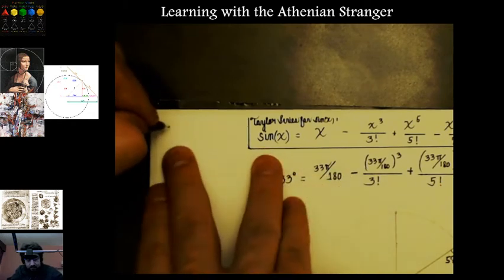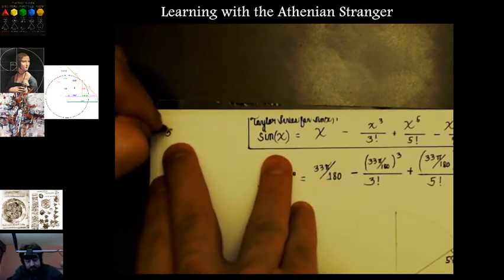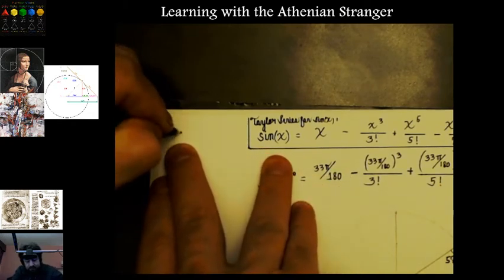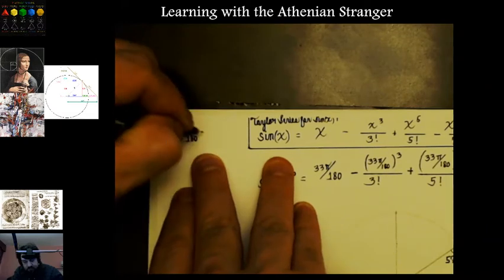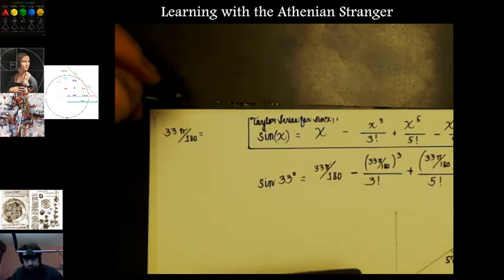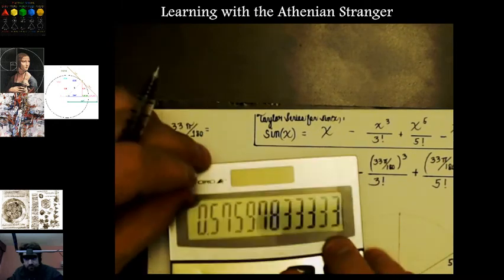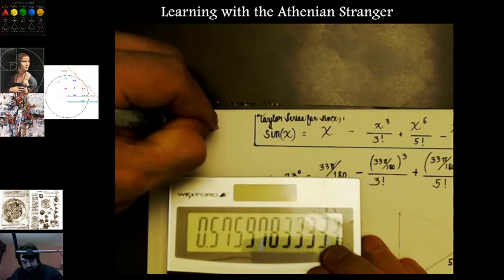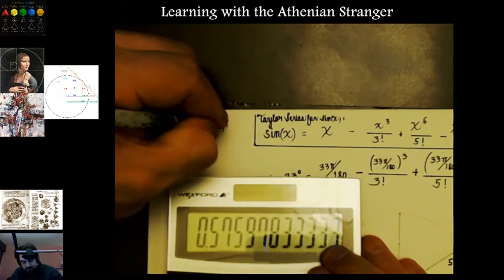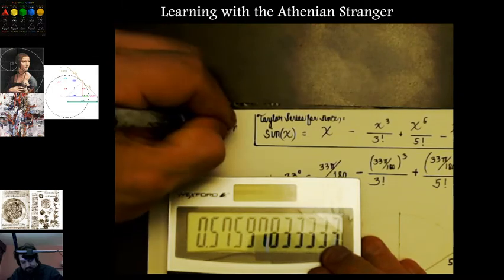I'll write this so I don't forget. 33 pi over 180 equals 0.5759.